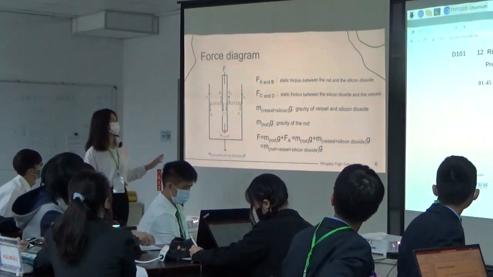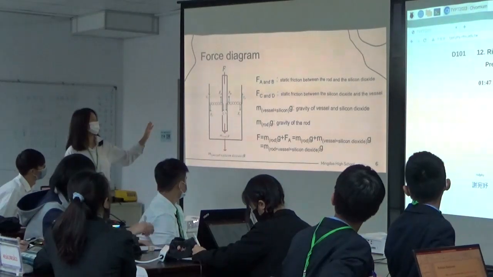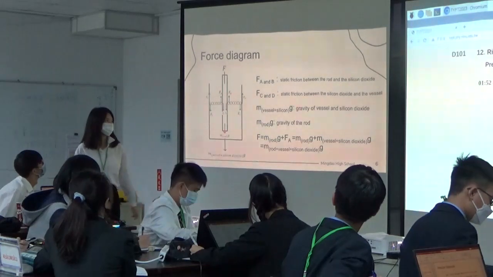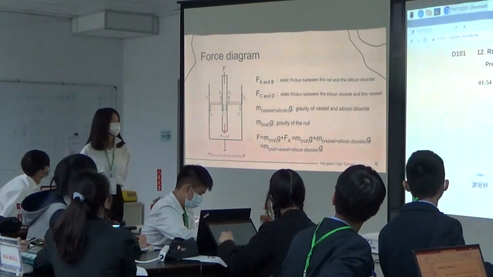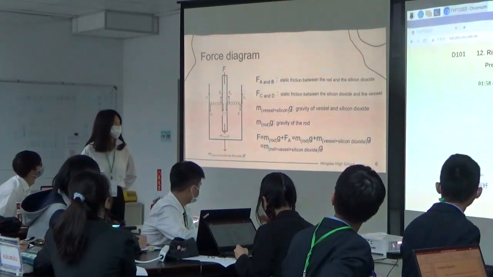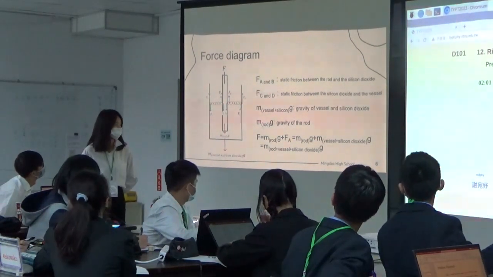In our first diagram, forces A and B are the static friction between the rod and the silicon dioxide. And forces C and D are the static friction between the silicon dioxide and the vessel.